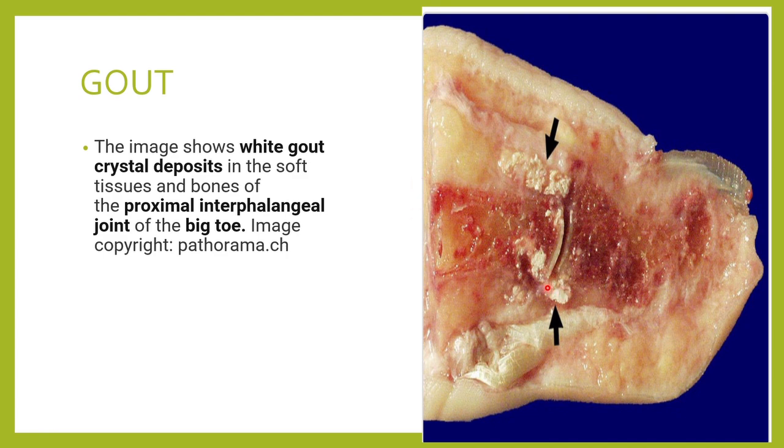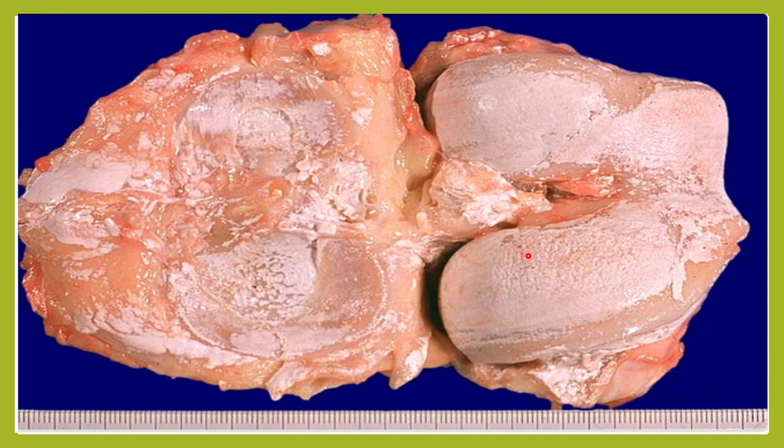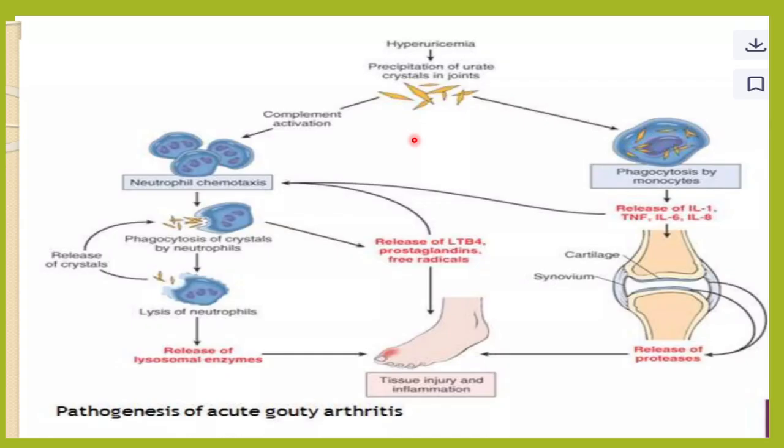Usually it is the first metatarsophalangeal joint of the big toe, in 90% of the cases, this is the area where this deposition takes place. So here also you can see on the joint surface how these crystals are deposited. These are the monosodium urate crystals which are deposited on the joint surface.